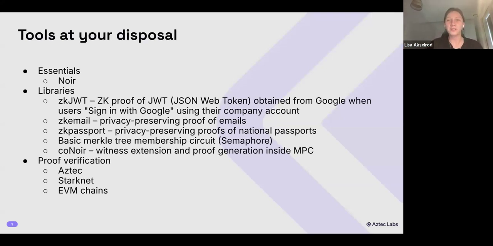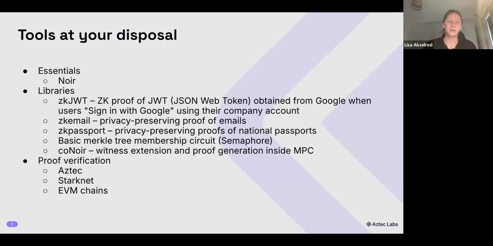First, what are the resources at our disposal? What do we have? What can we do? And then we'll switch to the other side and think about what to build with these resources and how to make this decision. So the very basics, we have Noir, a universal ZK language to build with.